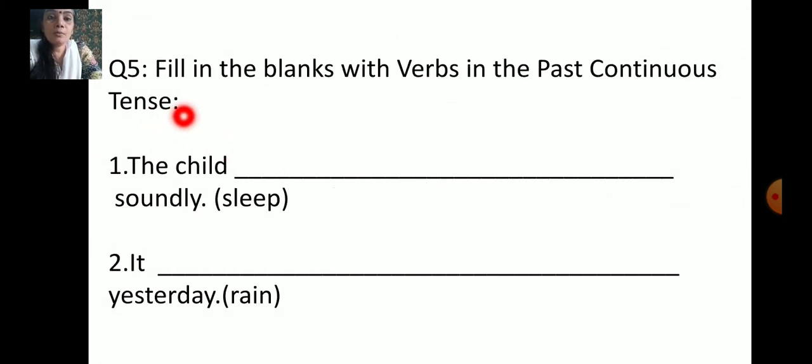Question number 5. Fill in the blanks with the verbs in the past continuous tense. Past, so was or were. Was for singular and were for plural. And continuous means ing. The child, singular, dash soundly. Sleep.